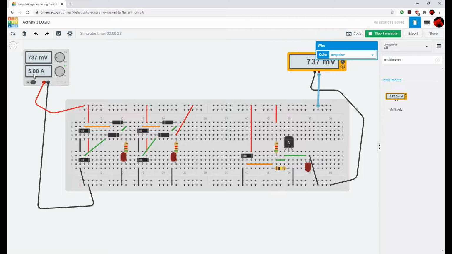The circuit is supposedly drawing 5 amps, and so the voltage has dropped to 737 millivolts. But that doesn't make any sense. That makes sense. That makes a lot of sense. Yeah, I did that wrong.